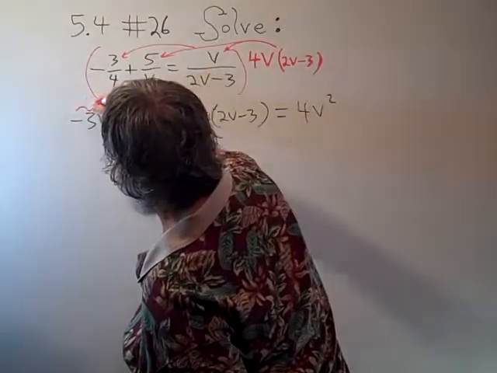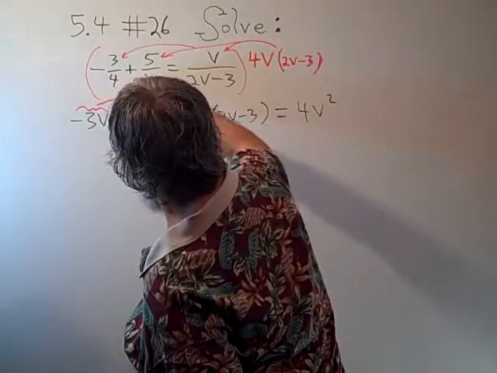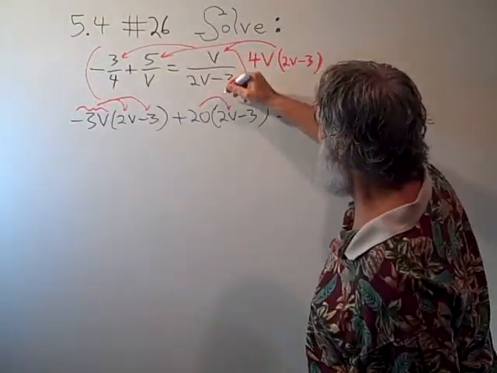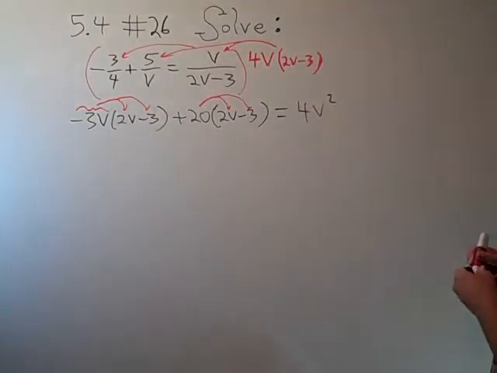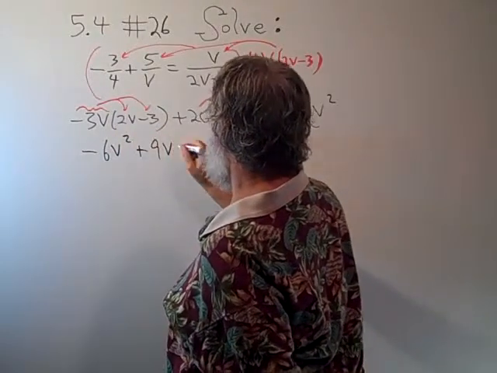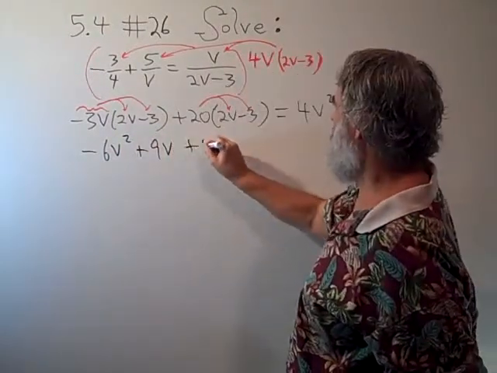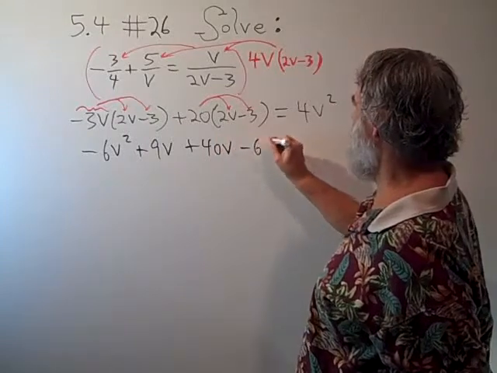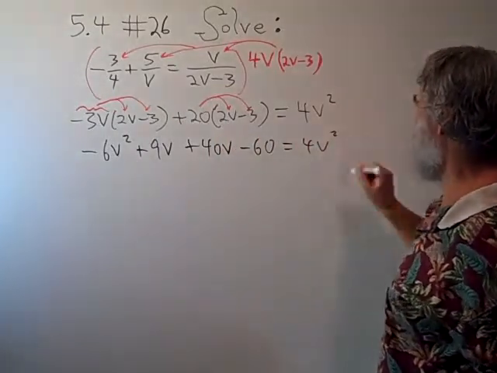Now, we take this negative 3v and distribute it through the parentheses here, and the 20 through these parentheses. And we end up with negative 6v squared plus 9v plus 40v minus 60 equals 4v squared.